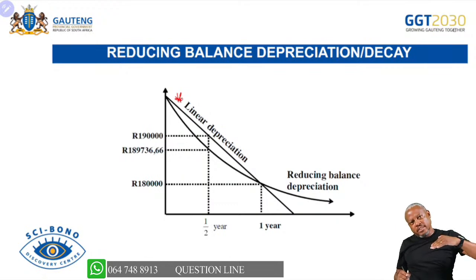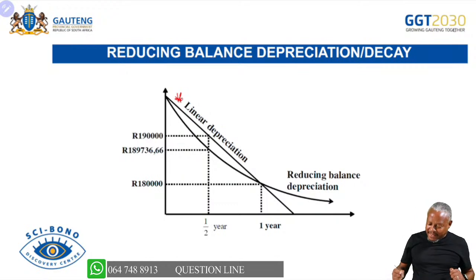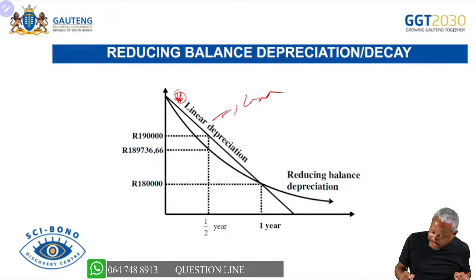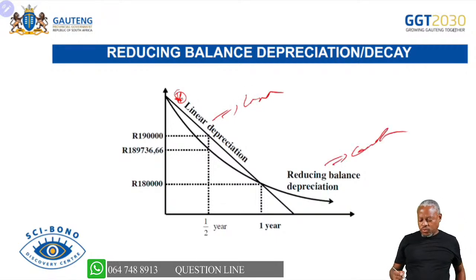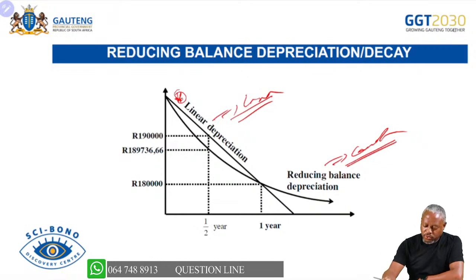It was 20,000, 20,000, 20,000, 20,000, 20,000. But this one, reducing balance depreciation, is not constant. Here it was constant, here it is not constant. Because this one we use linear and this one is for compound. This is how we interpret both of them.